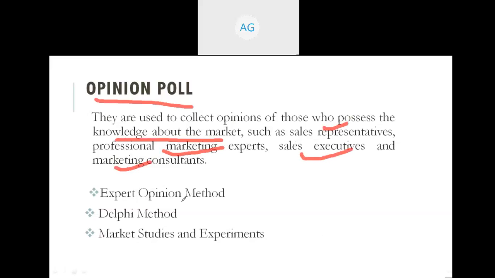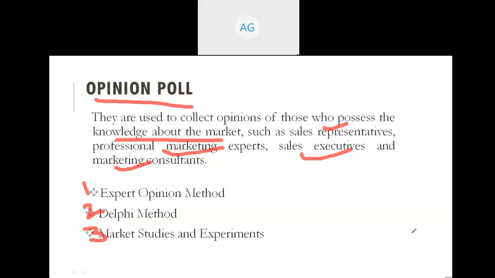So their opinion has to be considered while considering the demand forecasting. So three methods come under the opinion poll method. So first is the expert opinion method, second is the Delphi method, and the third is market studies and experiments. So let us discuss each of these methods in detail.